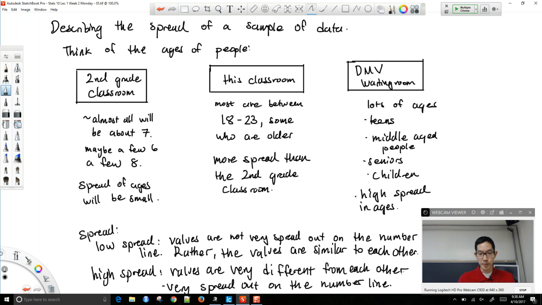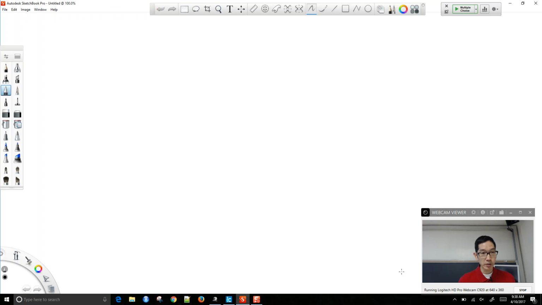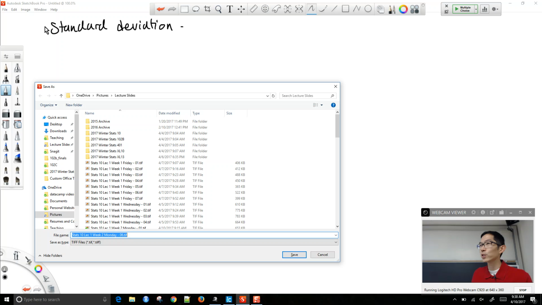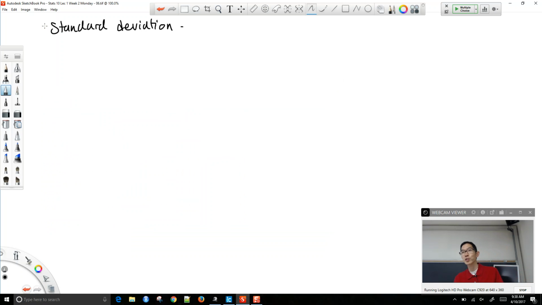So let's do this. Okay, so this is the idea behind the standard deviation. I'll give you the formula and the steps for calculating the standard deviation, but the important part isn't that. I mean, it is important that you know how to calculate it, but I think the most important part is that you are able to tell people what a standard deviation is.